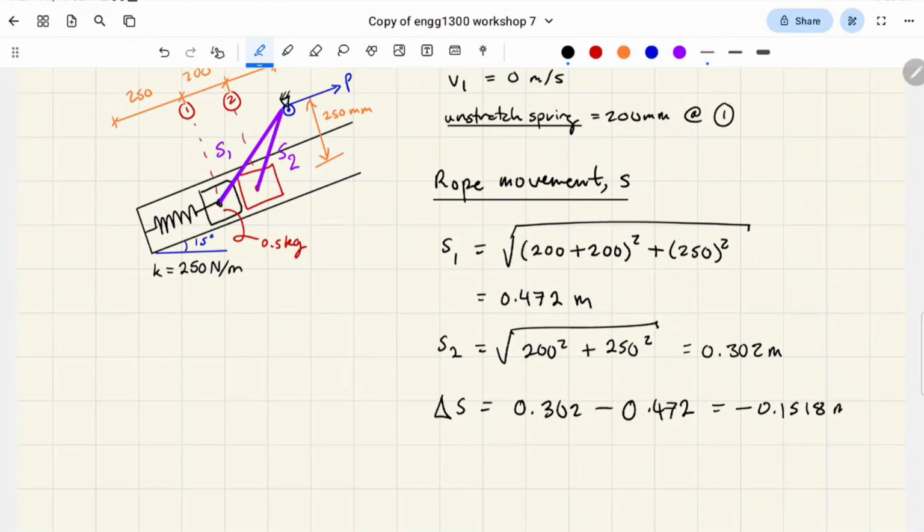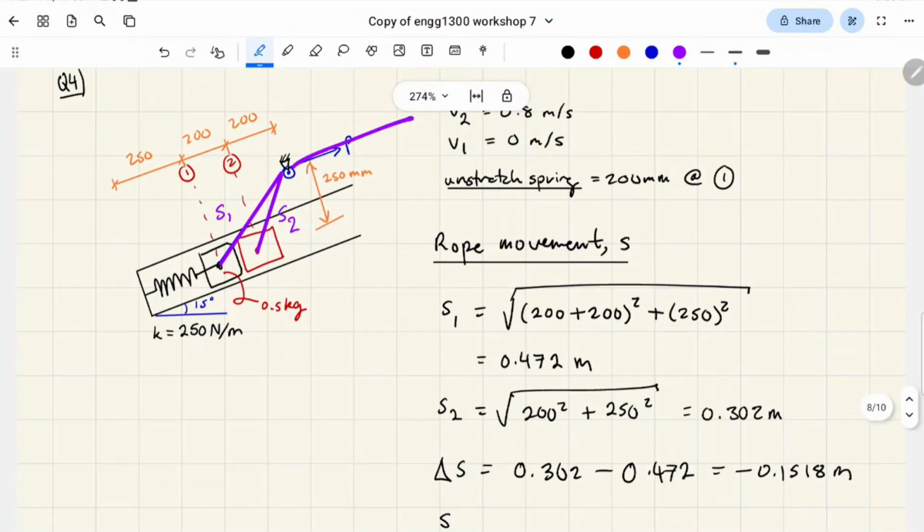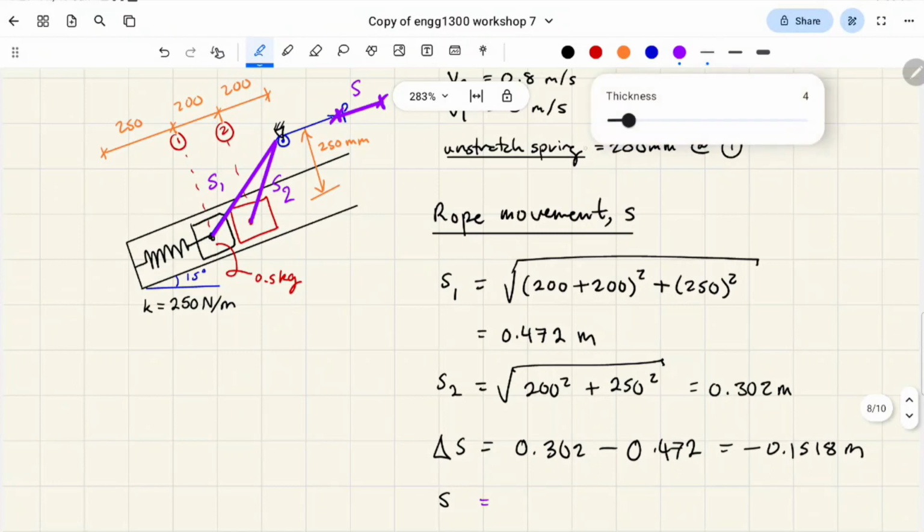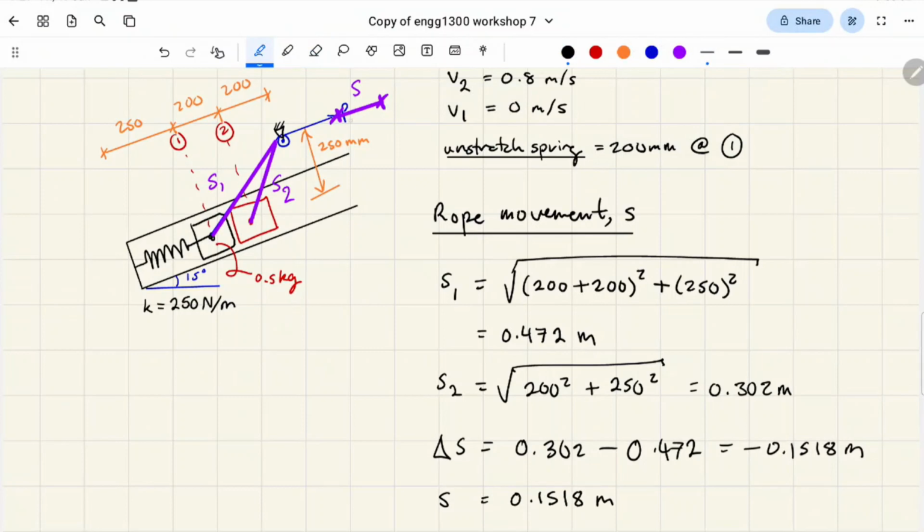But again, that's not what I consider S, because we're thinking about the other perspective. S is how much the rope moves when we're pulling it, which is the opposite. So that's S, and that's what we're going to plug into our work equation.